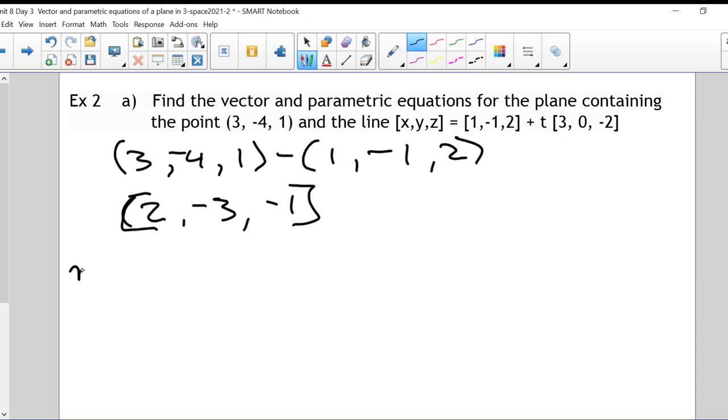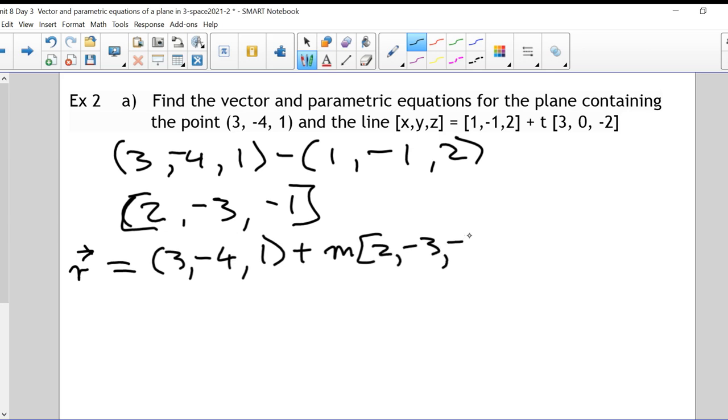I'm going to put r this time, and I'll choose the point that was there before, plus m times this vector 2, minus 3, minus 1, plus t times the 3, 0, minus 2. Yes, we do need to put the point in, and I've just put that point in. That was an oversight on my part. Let's see if we can keep this error-free for the rest of the class.